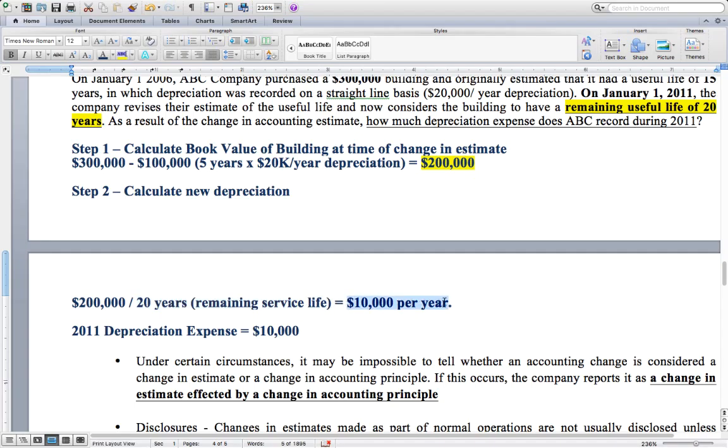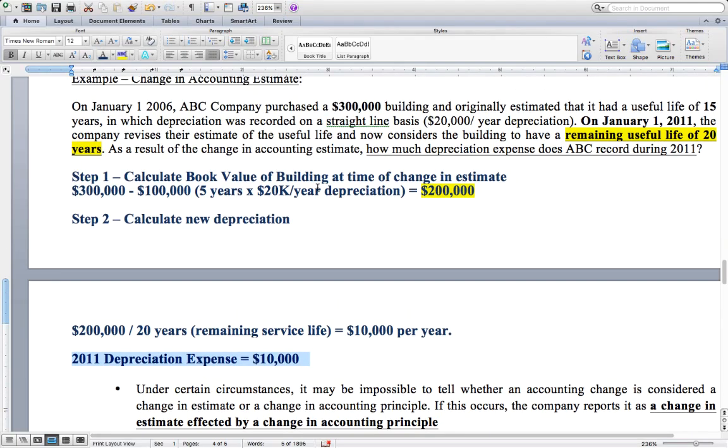Therefore, that gives you $10,000 per year depreciation expense, and that is what is recorded on the income statement. So essentially, I don't think this is too complex. I think the main thing to make sure you understand is the remaining service life versus the total service life.